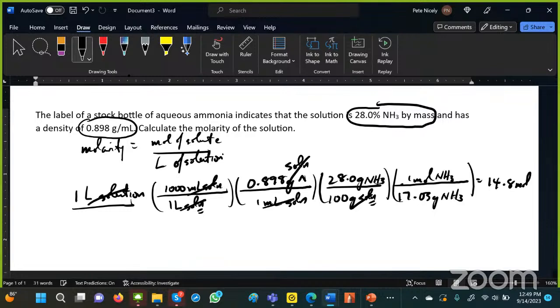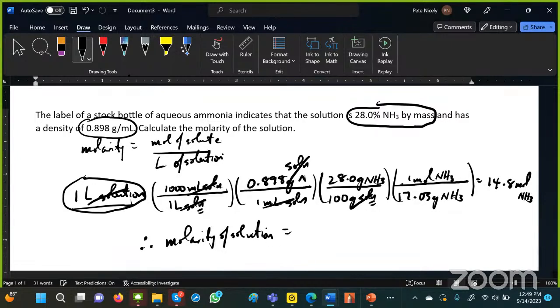So basically, for 1 liter of solution, the moles of NH3 would be 14.8 moles. So therefore, we can say that the molarity of the solution is equal to 14.8 M. And that's basically how that is done.